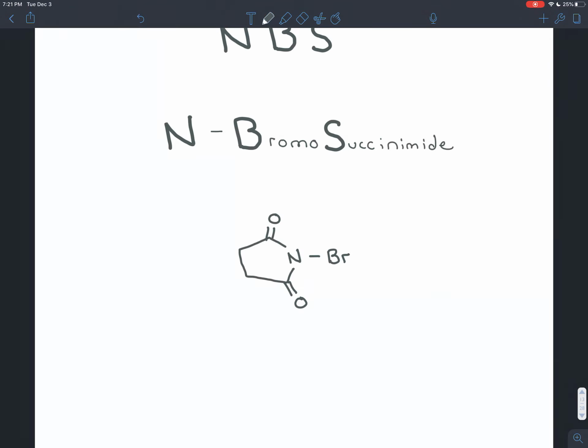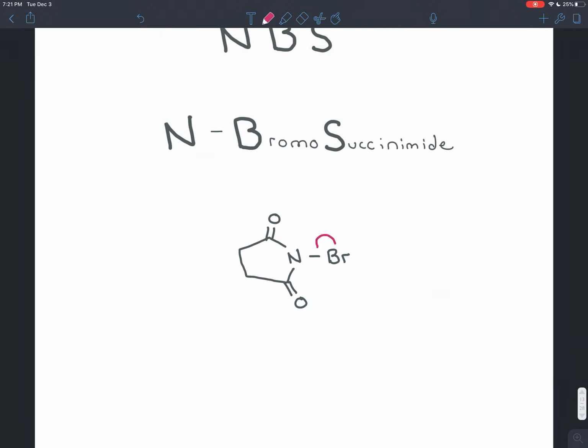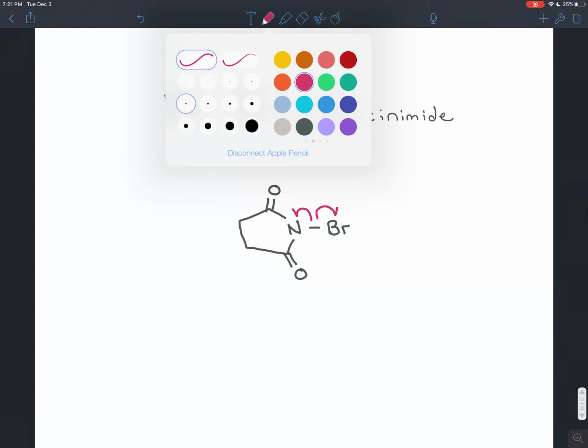And so it only takes a little bit of light, h nu, to vibrate this bond. Those bonds are like springs. As you vibrate them, the spring goes back and forth, back and forth, back and forth until it pops, until it's homolytically cleaved. So if you add a little bit of light, N-bromosuccinimide, NBS, will cleave into 2 radicals.